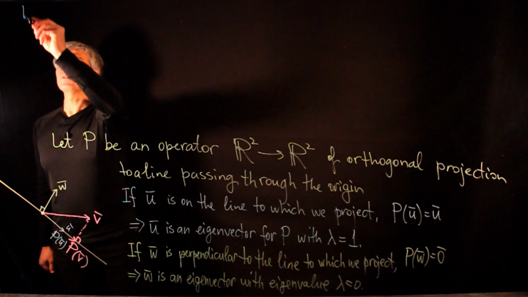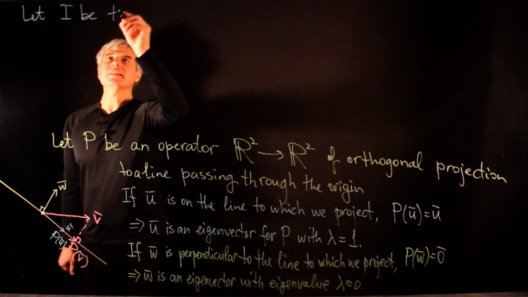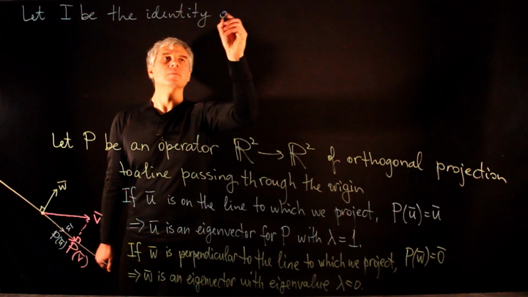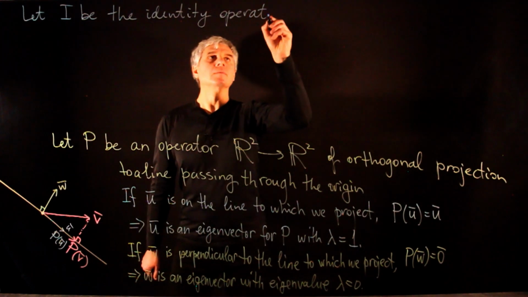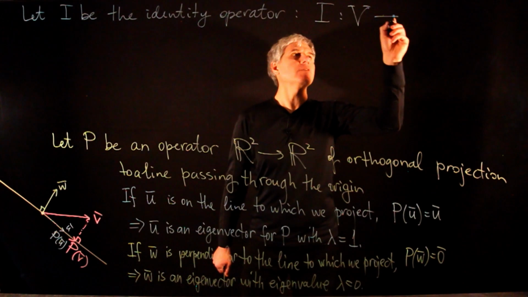Now let I be the identity operator. So I acts from some vector space V to itself.